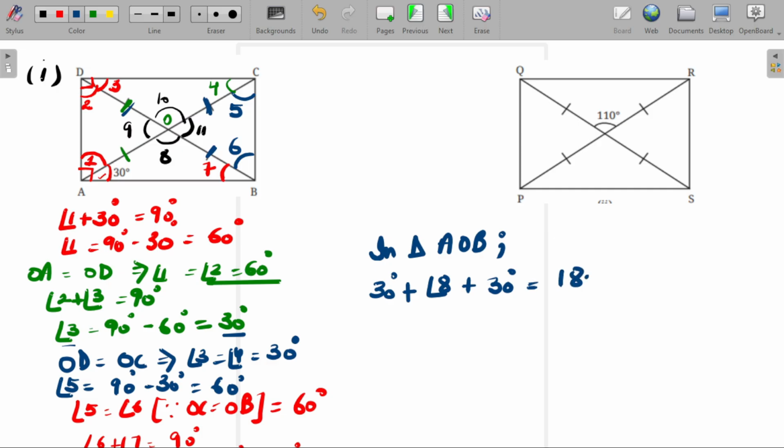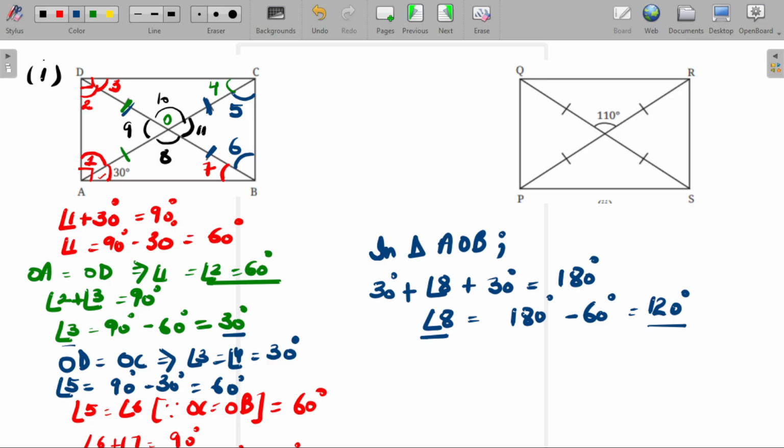And the sum of all these angles will be 180°. That means angle 8 will be 180° minus 60°. This is 120°. That means angle 8 is equal to 120°.